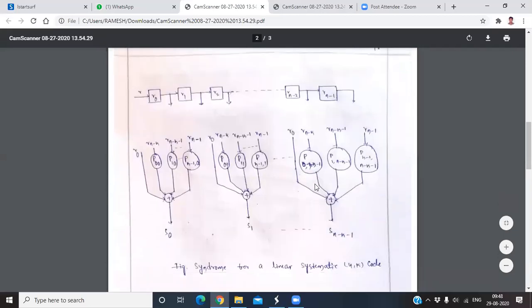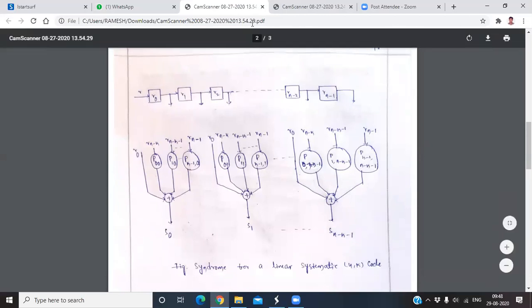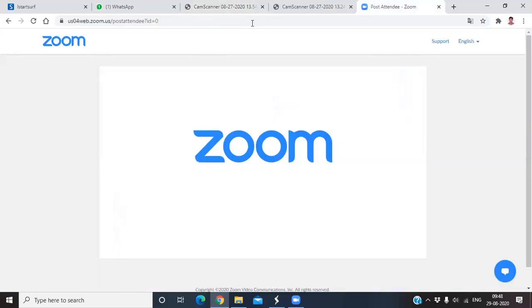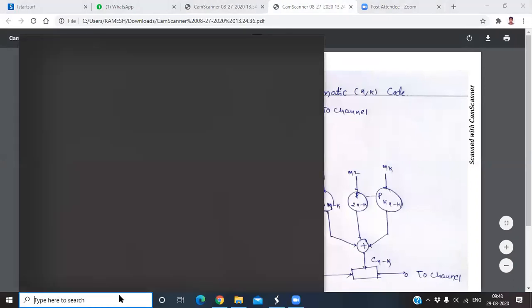See here. Syndrome for linear systematic (n,k) code. Now your point is, how can you draw the syndrome circuit? Now we know that S is equal to, what is the formula? R into H transpose.